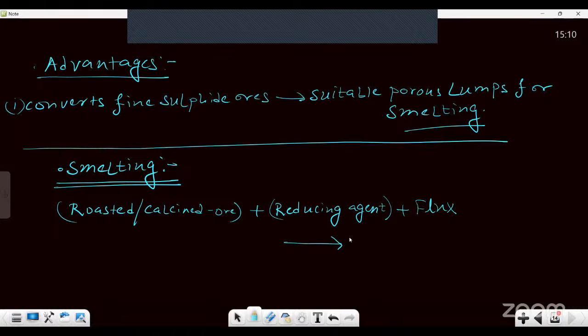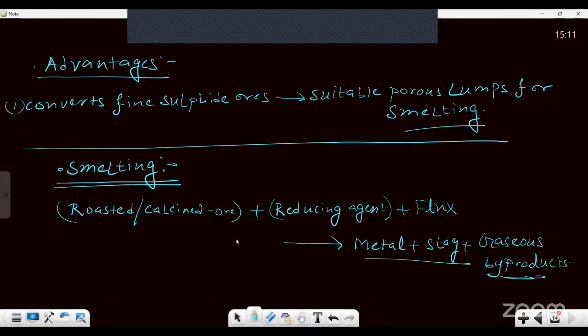Because we want the gangue materials to get rid of the metal oxide, and we want the gangue to be present in a separate phase, which we call the slag. The main purpose of the flux is that. So in the product we will get metal plus slag plus gaseous byproducts.